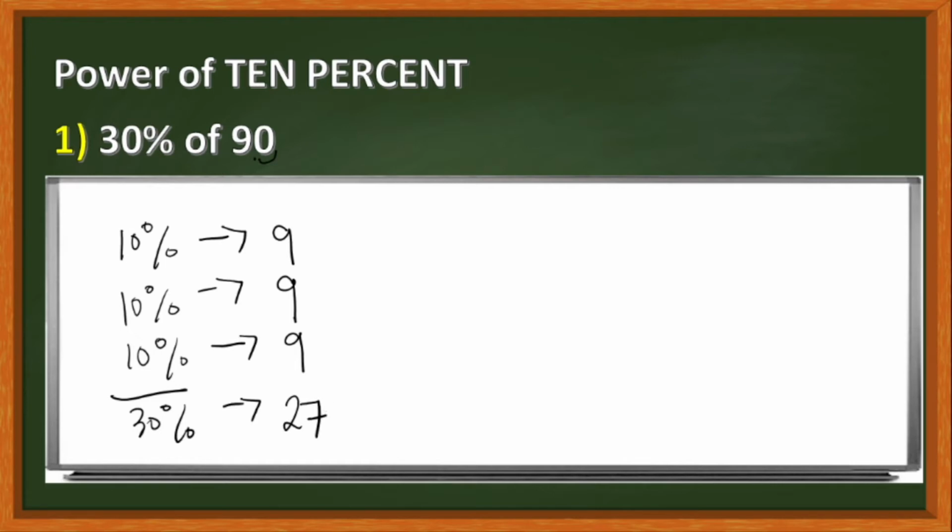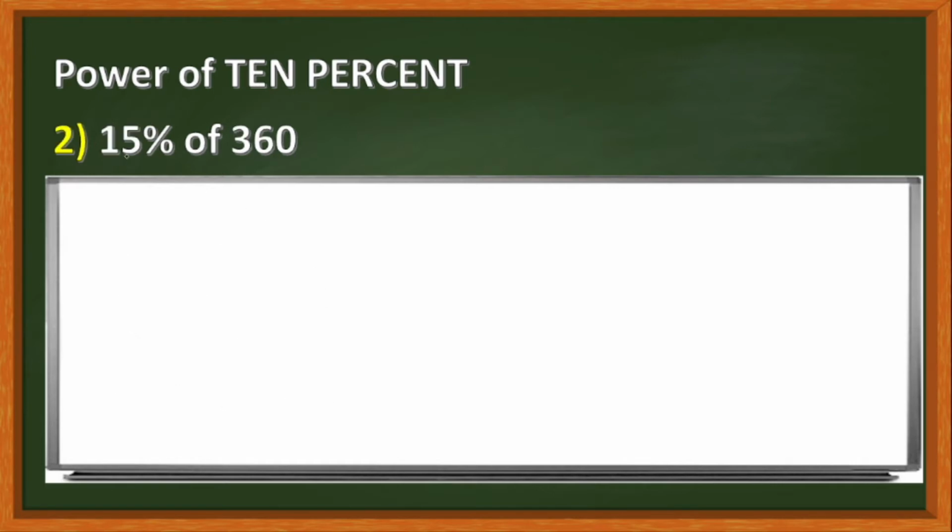That's very easy. Okay, another example. How about 15% of 360? We can break down 15% into 10% and 5%. Again, to get the 10% of the given number, you move 1 place to the left. So we have 36. So 10% is 36. How about 5%? 5% is half of 10%, so we half 36, which is 18.